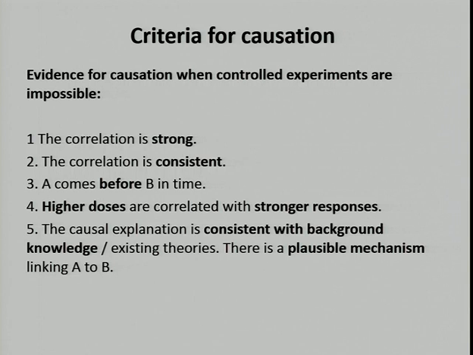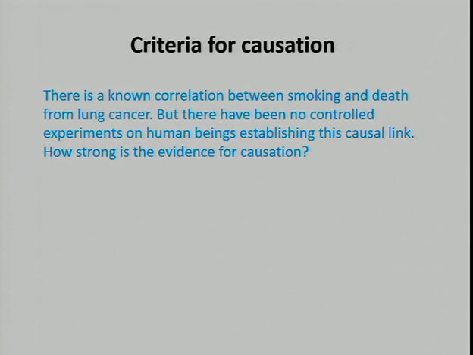So these are all ways of ruling out alternative explanations. These are the 5 to remember. Is that clear? And just one example of how that plays out.